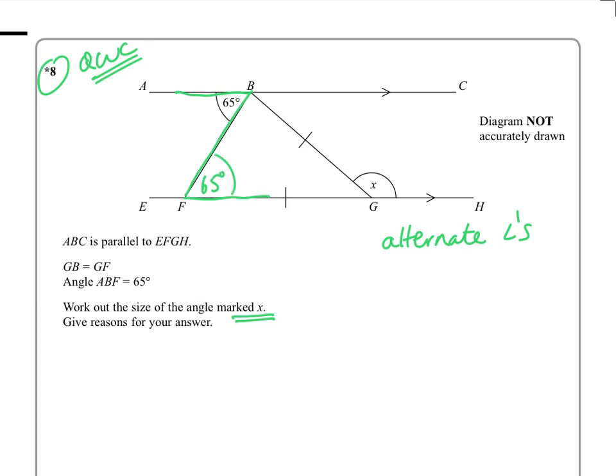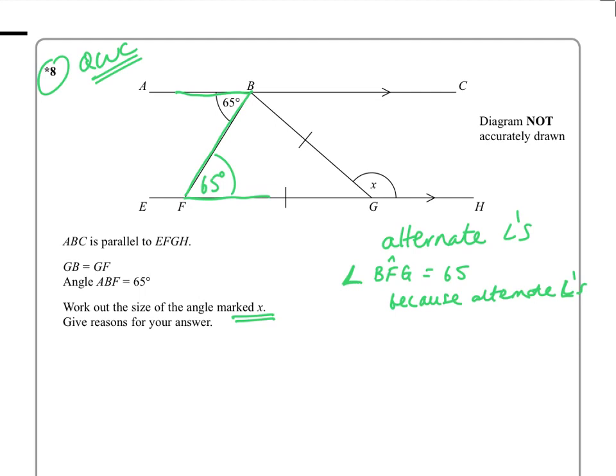So I would say angle BFG equals 65 because alternate angles, and I use this angle here for angles. So that's the first thing to note.